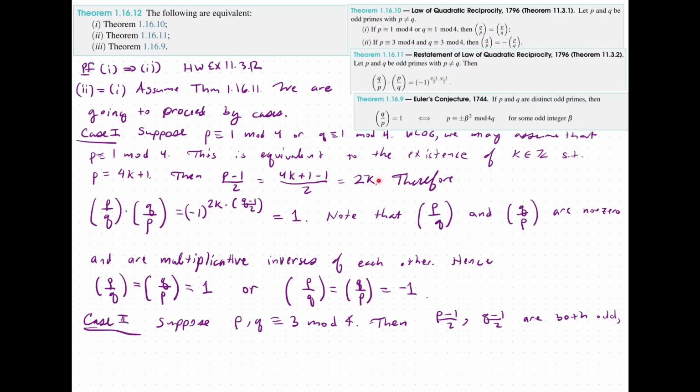So we will always get back an odd integer. So we have that these both are odd, and therefore the product (p minus 1) over 2 times (q minus 1) over 2 is odd.